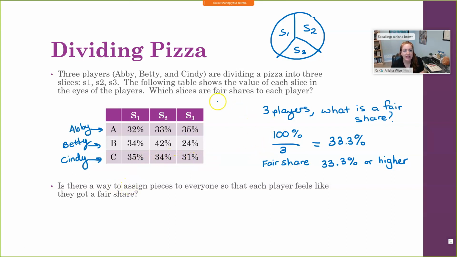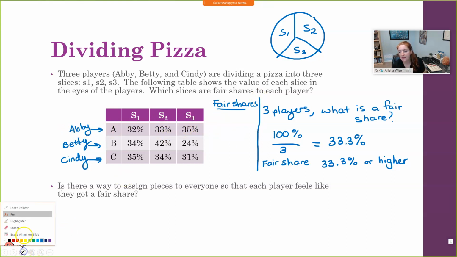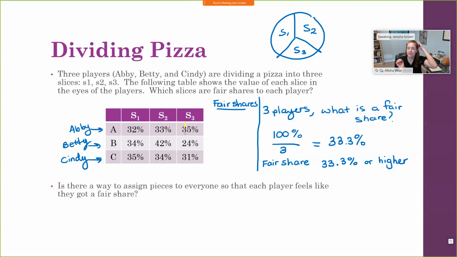So we need to decide what are the fair shares for everyone. Okay. So let's start with Abby. We're going to go person by person, and I'm going to highlight the ones that are fair shares. So when you're looking at this, what do you think a fair share for Abby would be? S2 is 33%, and sometimes we think, oh, that's enough.